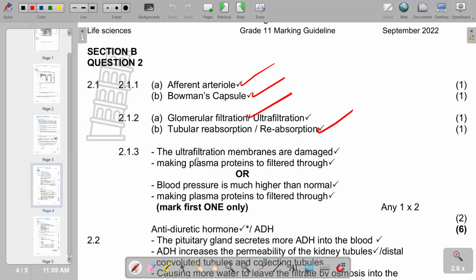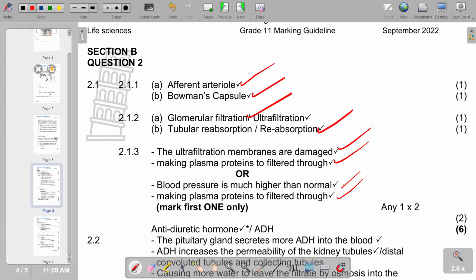The response is the ultrafiltration membranes are damaged, making plasma proteins to be filtered through. So that is what we have. And then we have an alternative response that we can give: blood pressure is much higher than normal, making plasma proteins to be filtered through. So this is an alternative that we can give.